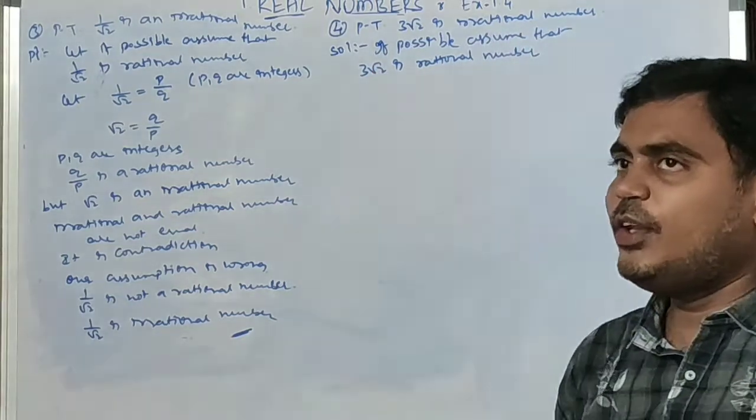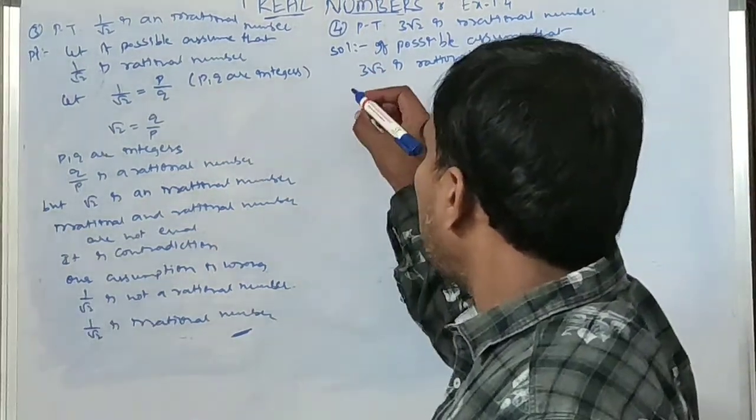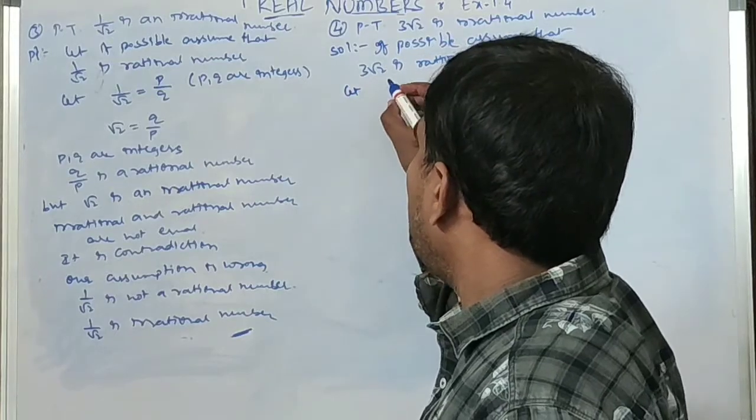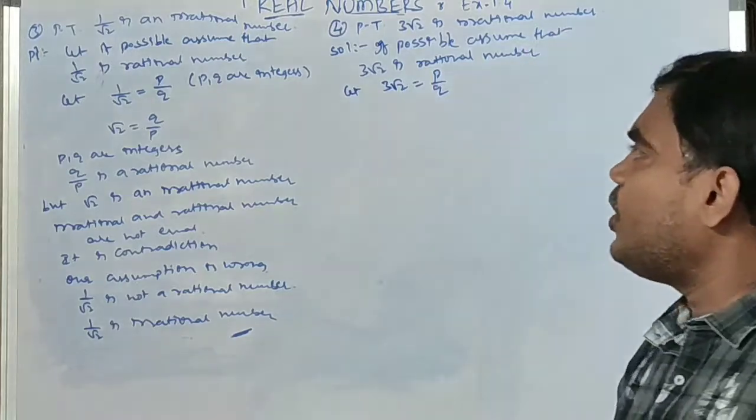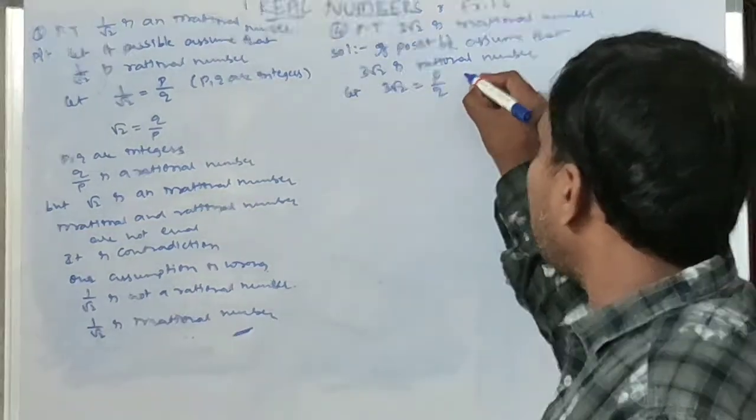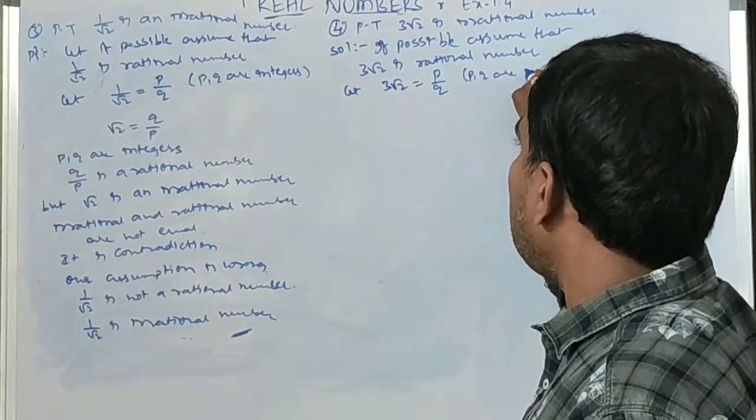So we are considering 3 root 2 is a rational number. Then let 3 root 2 equal to p by q, where p, q are integers.